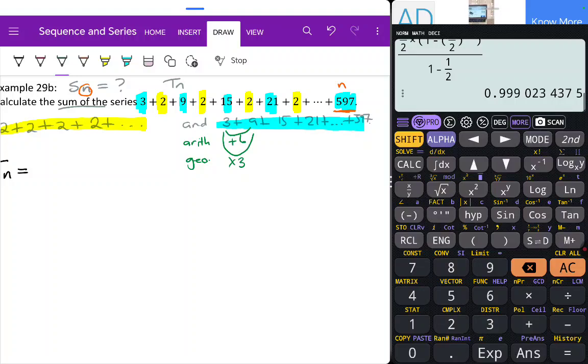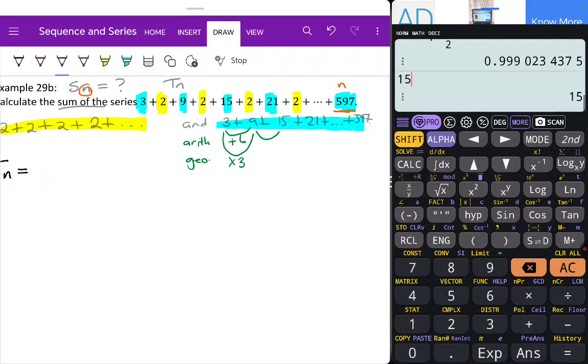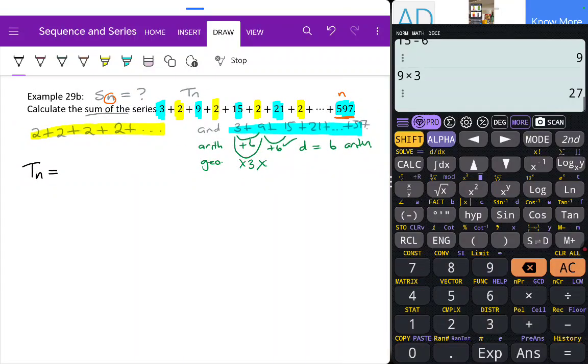So let's test: 15 minus 6 is 9, so plus 6 works, but 9 times 3 does not work because that gives me 27. So I know that d equals 6 and that this is arithmetic because that works and that does not work. They will not both work. So happy days, we're working with an arithmetic series.